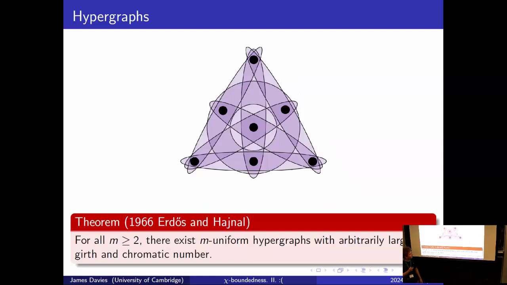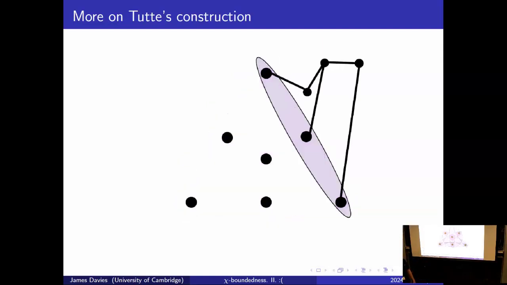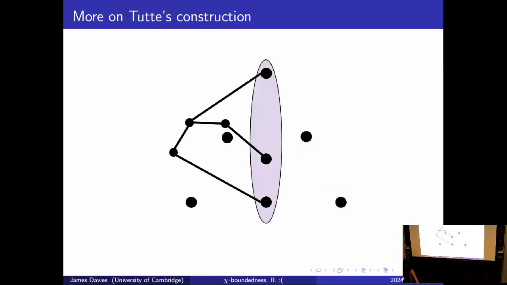So in general, we can do better than this. Classically, by the probabilistic method, we know that there are uniform hypergraphs with large girth and large chromatic number. So one way of altering Tutte's construction is that we can use these high girth, high chromatic hypergraphs instead of every single subset. And as before, we're adding on a copy of a previous graph for each hyperedge.